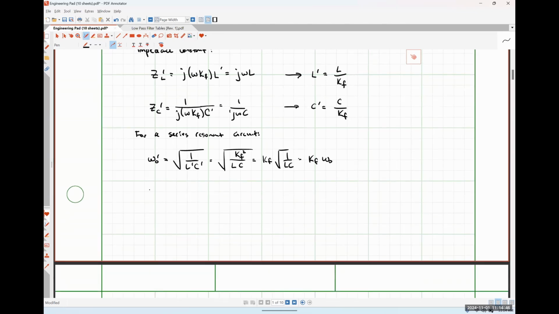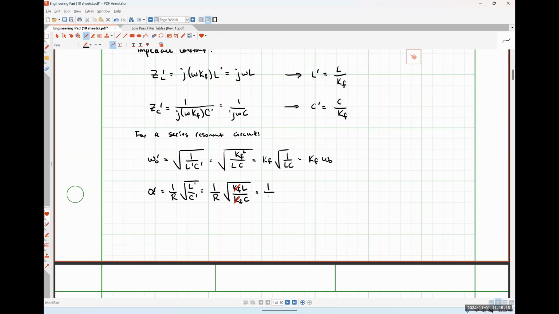For our quality factor Q, we're going to have 1 over R times the square root of L prime over C prime. So that's going to look like 1 over R times the square root of K_F times L over K_F times C. Those scaling factors cancel each other out.